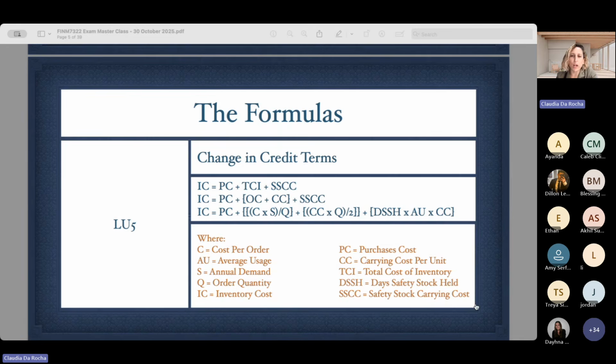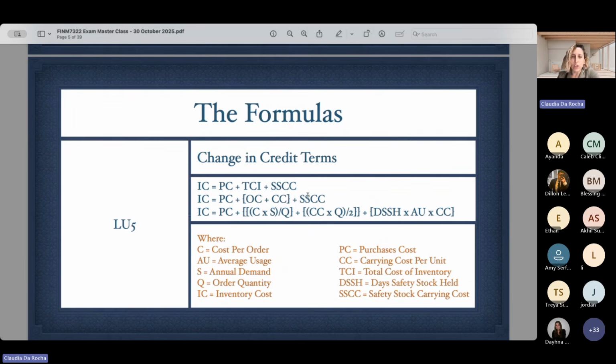So we have to calculate the cost of inventory. This IC is for inventory cost, and we have to calculate three items depending on the question. PC is your purchase cost, how much it costs to buy the items. TCI is your total cost of inventory, which you would have learned in learning unit 4, so we're just bringing that in here.